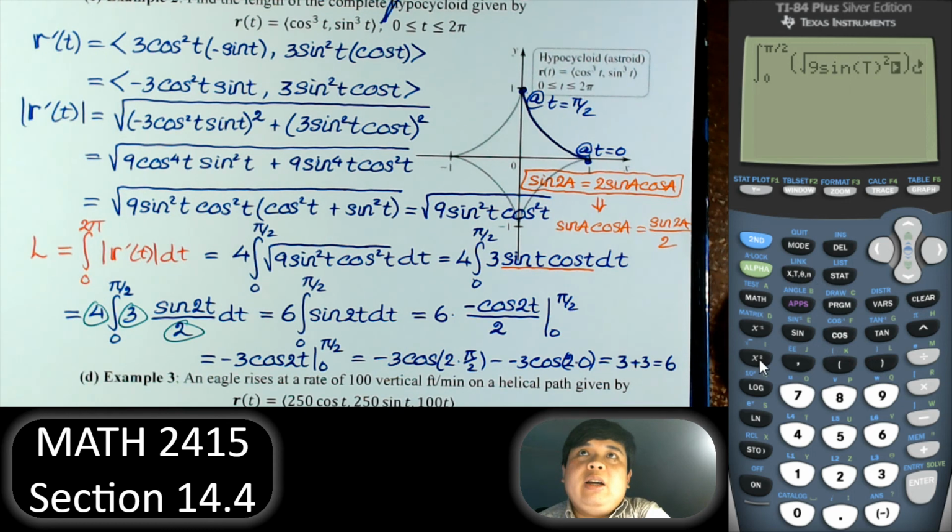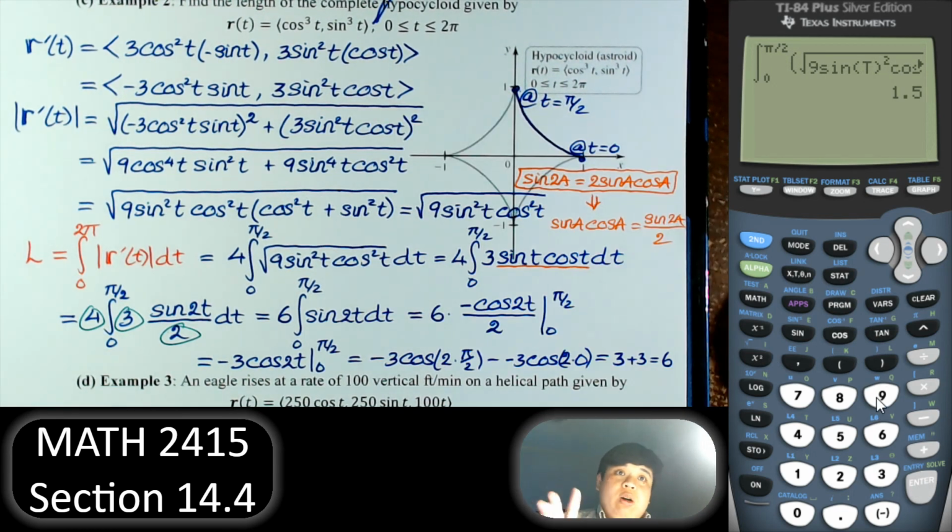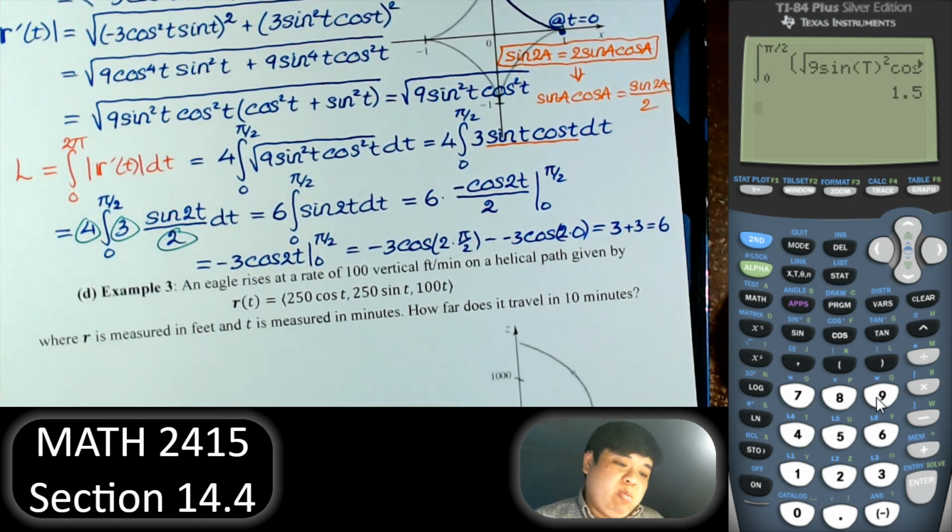Sine square. It's 1.5. This is one part. We have 4 times that, 6. So that's good then.